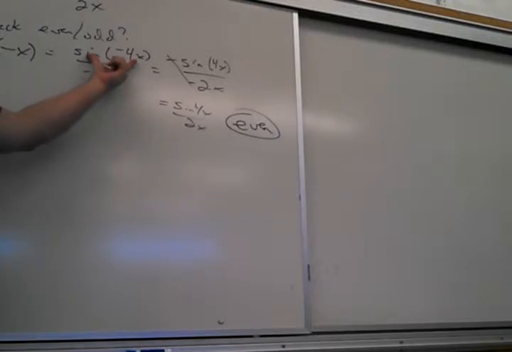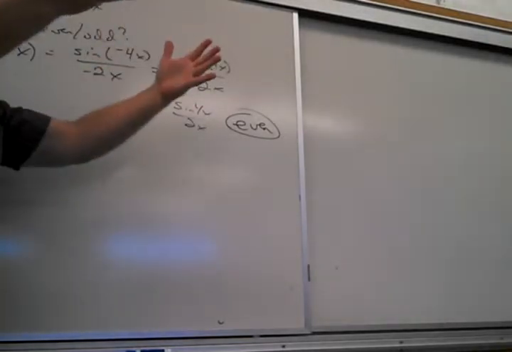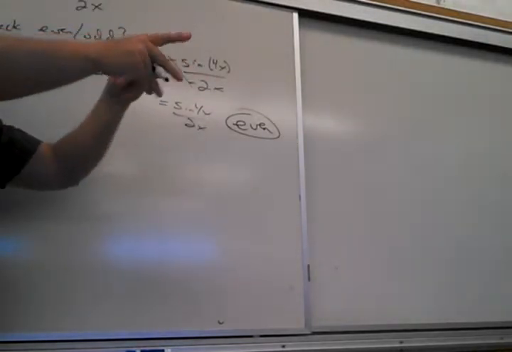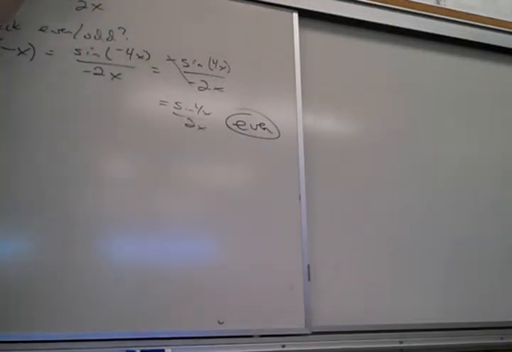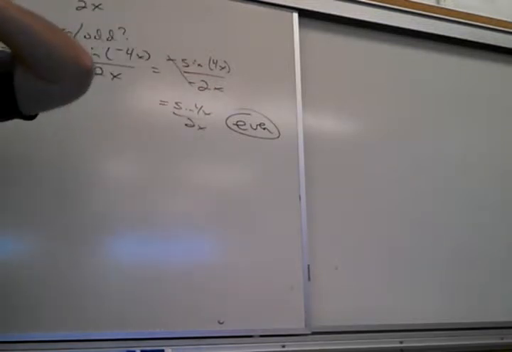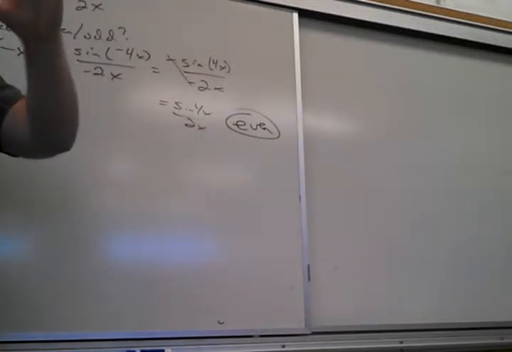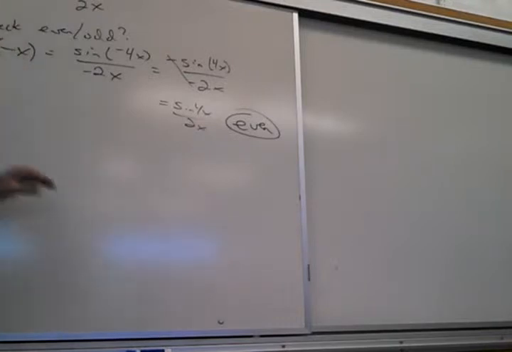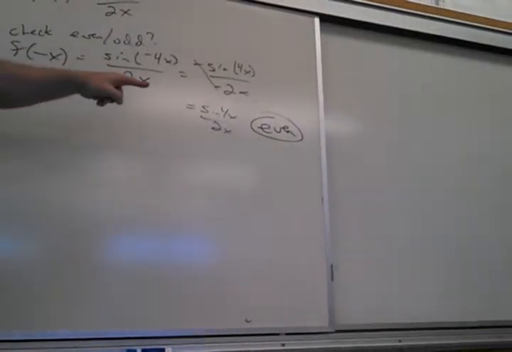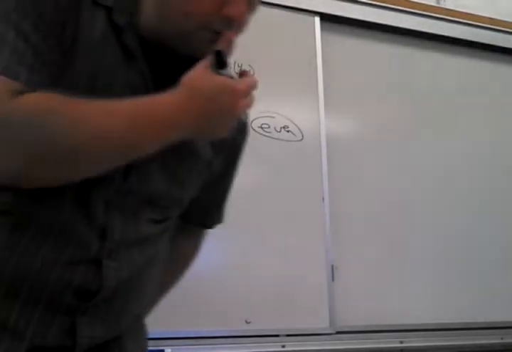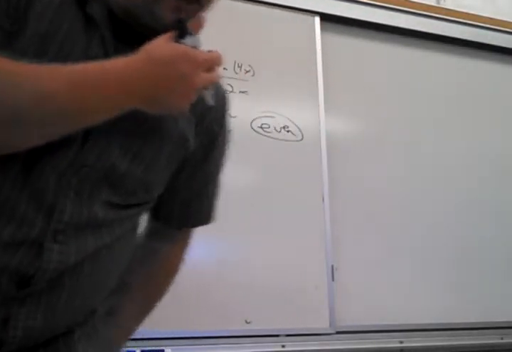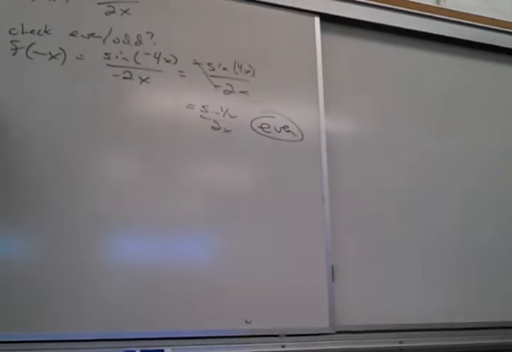Cosine of negative 4x would just become cosine of 4x, because it's got even symmetry, and then the whole thing would be odd. And that would also make sense, because then it would be even divided by odd. Positive divided by negative would be negative. I just said a lot. Okay. So that's all I have to do for part A, is test for symmetry, and it comes out even. Part B says, find the x-intercepts of the graph of f.